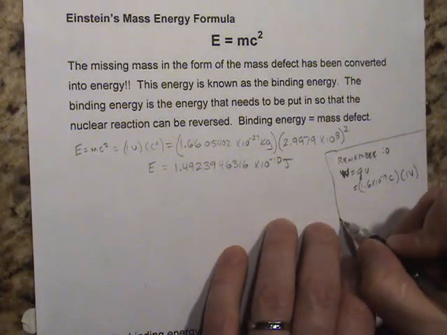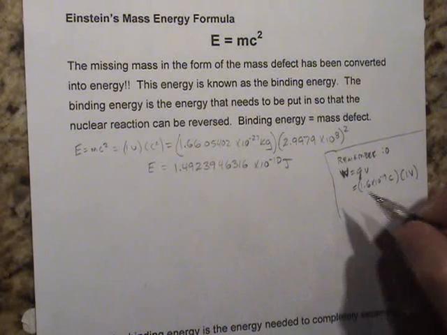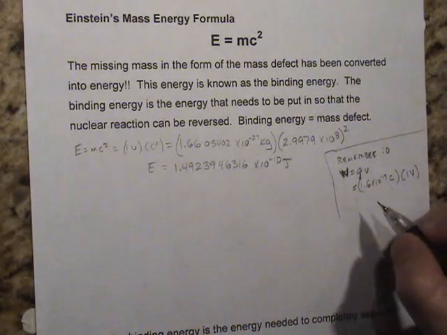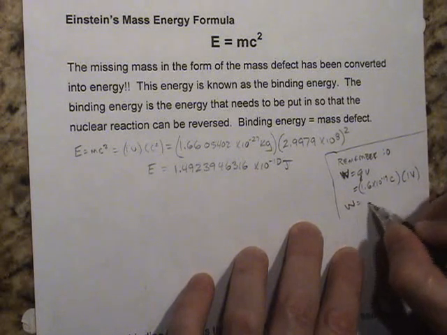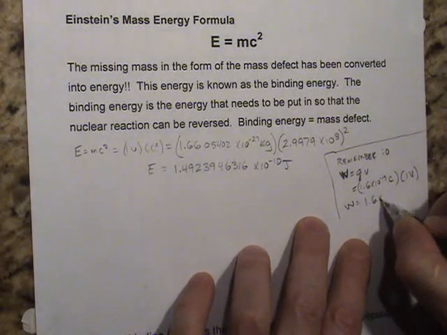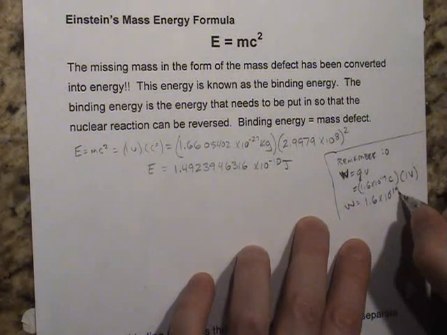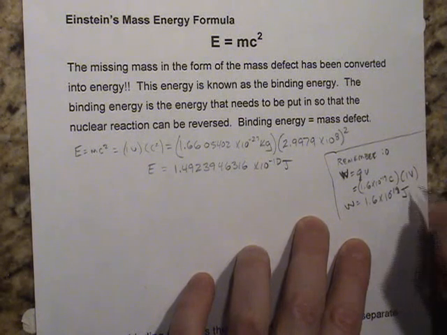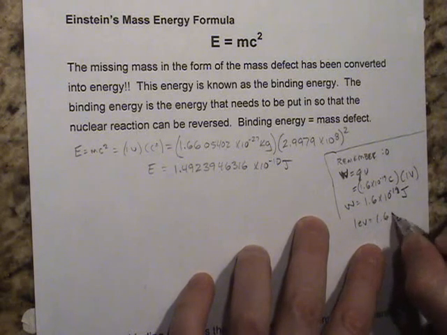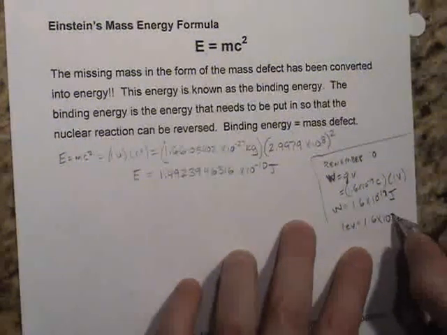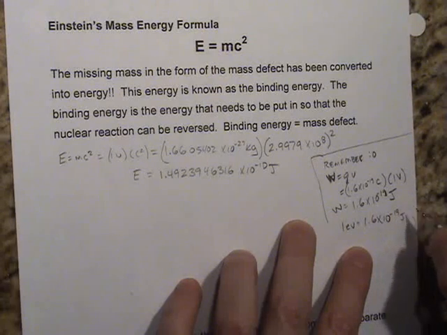An electron volt is very simply the amount of energy required to move an electron through a 1 volt potential. So 1 eV is equal to 1.6 times 10 to the minus 19 joules.